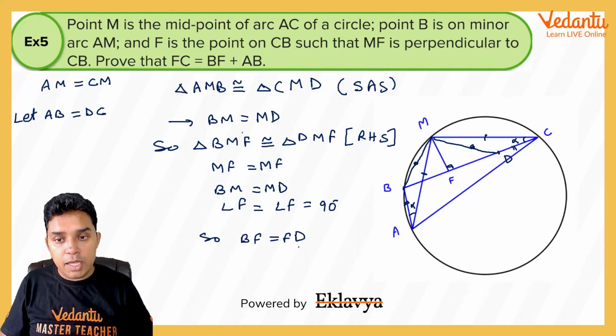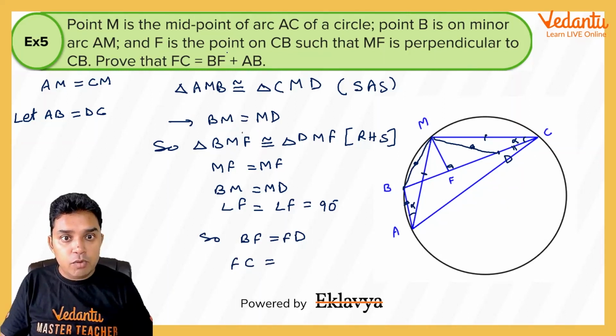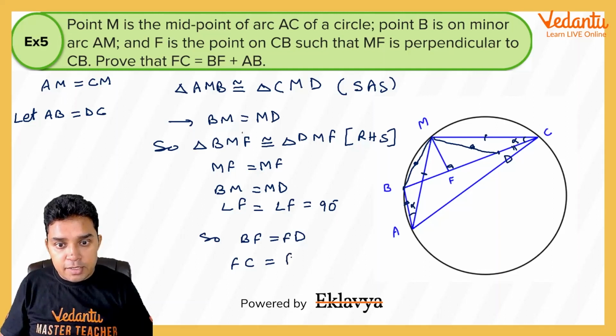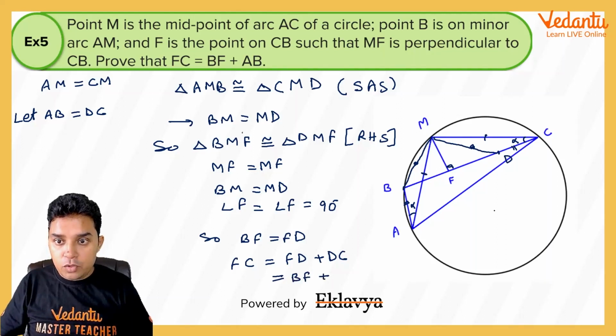And now I think we are done. What we were supposed to prove? We were supposed to prove that FC is equal to BF plus AB. So here FC can be easily written as FD plus DC. We have proved this FD to be equal to BF, and we took point D such that DC is equal to AB.